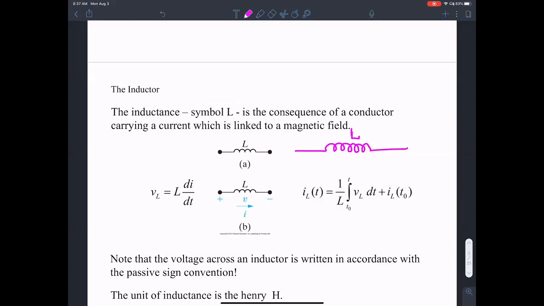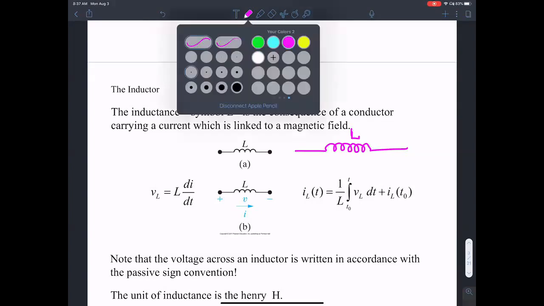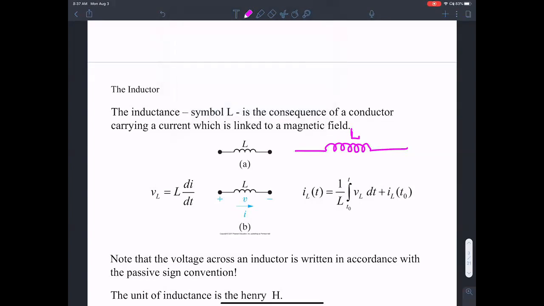That mechanism is linked to the magnetic field. For our analysis, what we want to understand is that the current flowing in an inductor sets up a voltage.